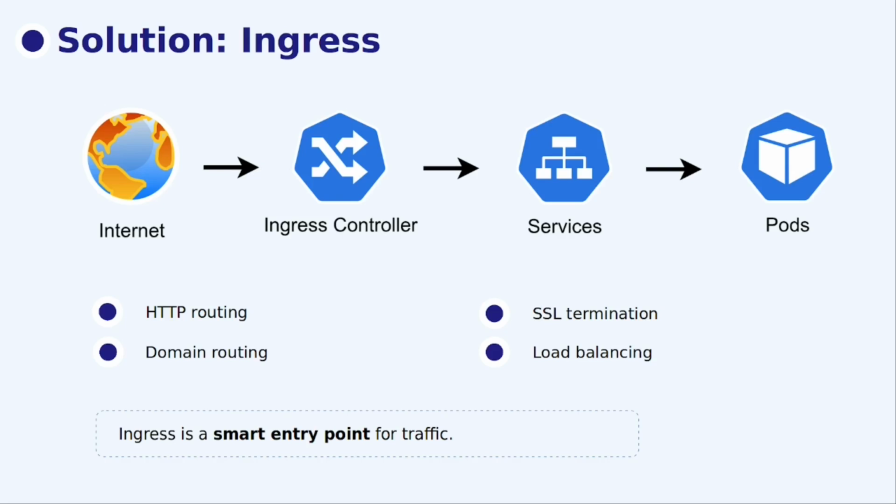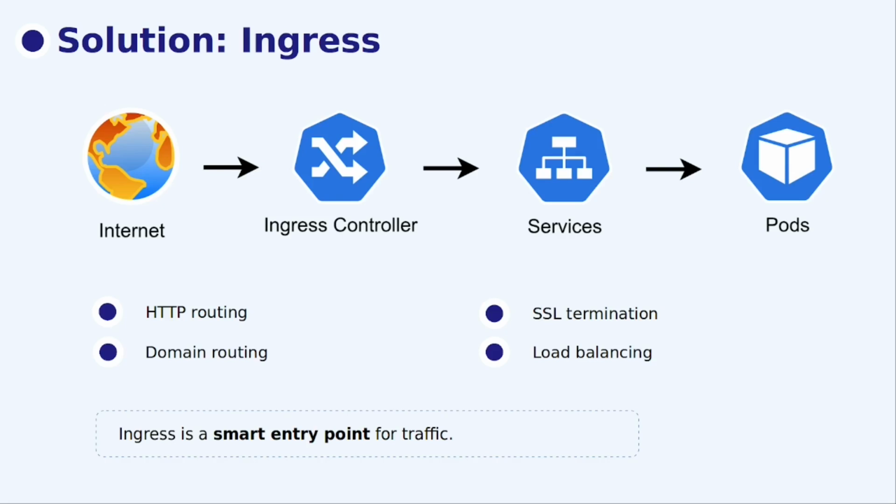Ingress provides several important capabilities. First, it allows HTTP routing, meaning different URLs can go to different services. Second, it supports domain-based routing, which is essential when hosting multiple websites. Third, it can perform SSL termination, allowing HTTPS encryption.